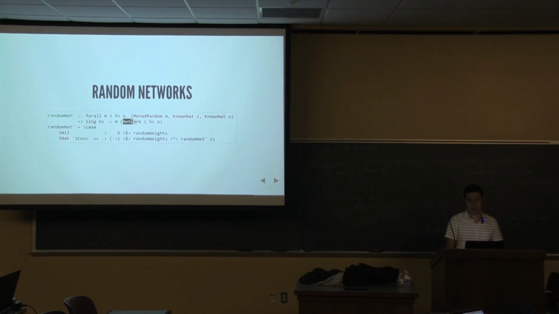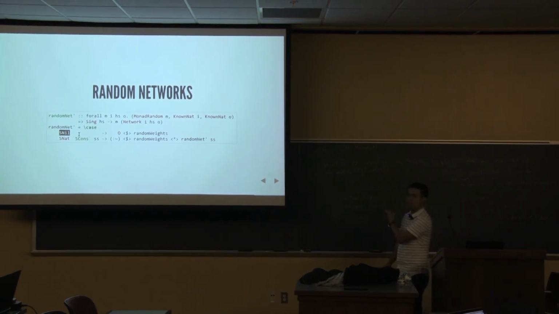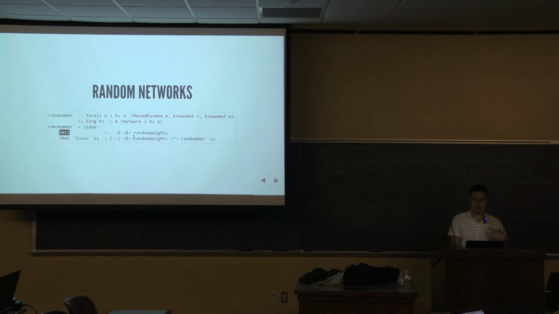We want to generate a network I Hs O. So if the singleton is SNil, this means that Hs is the empty list, right? Because the only way you can get SNil is to have the empty list as Hs. So this means that we have an empty network. So in this branch, Hs is nil.